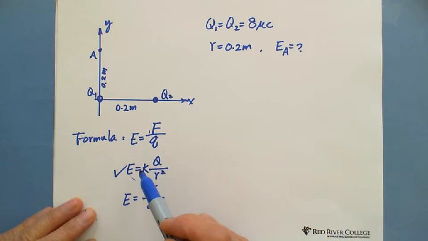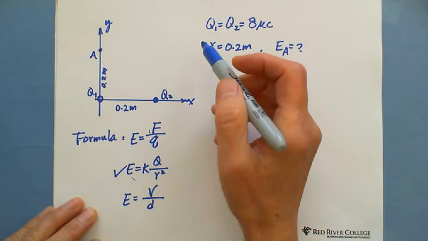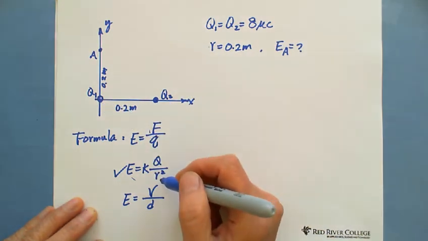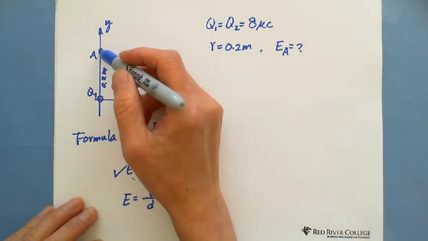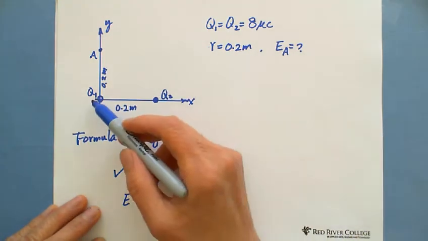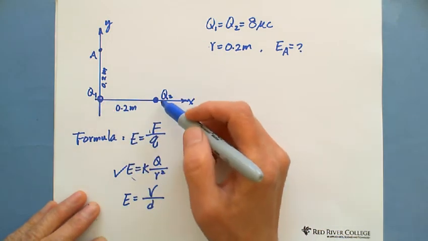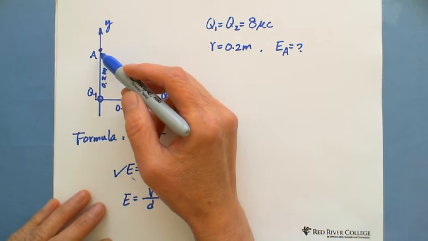So we have E equals kQ over r squared. Q is the source charge, which in this question is Q1 or Q2. R is the distance from the source charge to the point we're looking for. We have Q1 and Q2, so both charges contribute electric field at point A. That's what we need to do one by one.